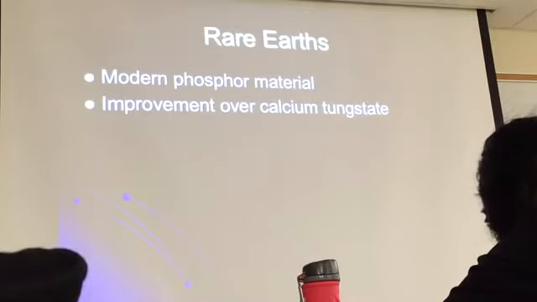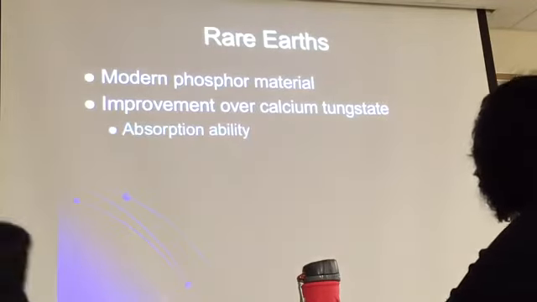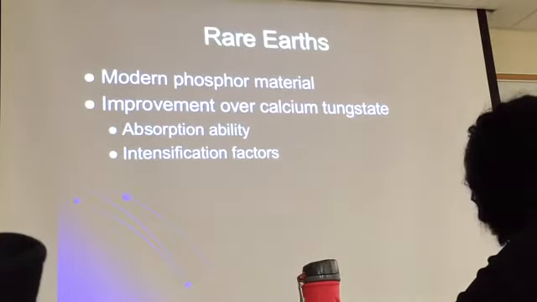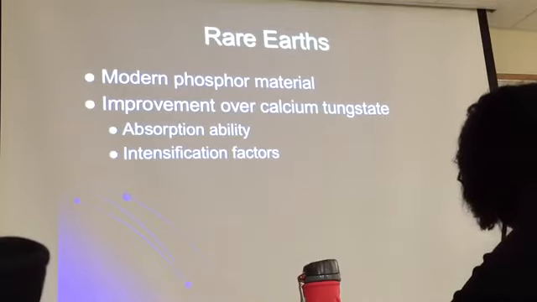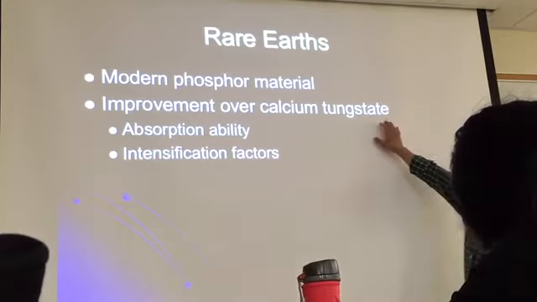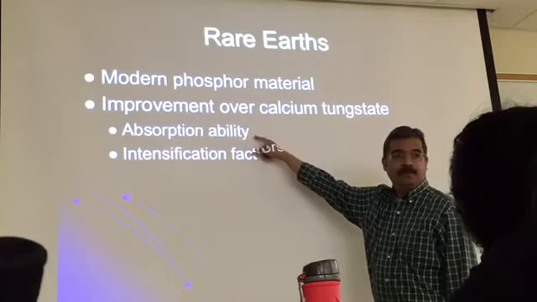So the rare earths are an improvement over calcium tungstate. The absorption ability was better. I'm talking in general terms. We're not going one by one and comparing yttrium and lanthanum and gadolinium. In general, if we bulk all the rare earths and compare them to calcium tungstate, we can say the rare earths have better absorption ability.